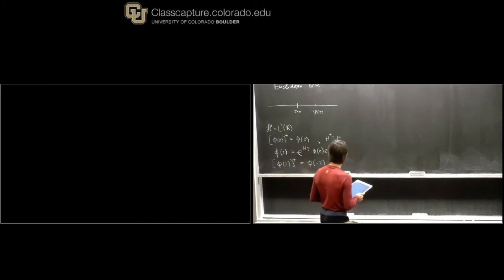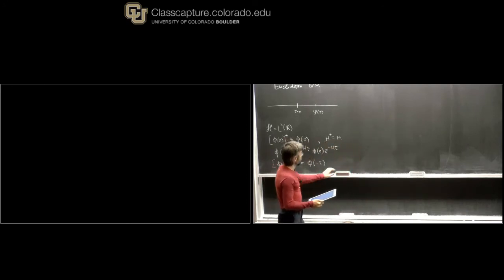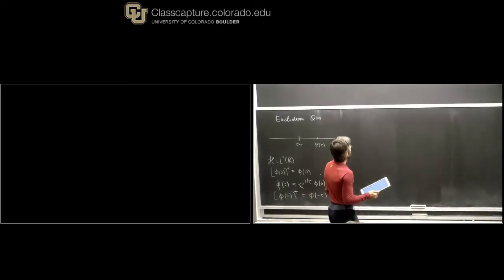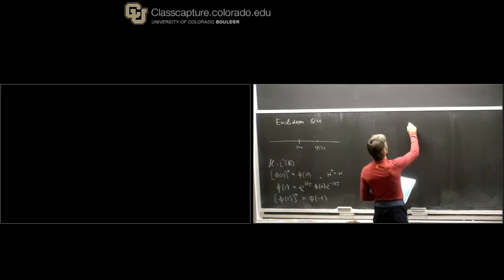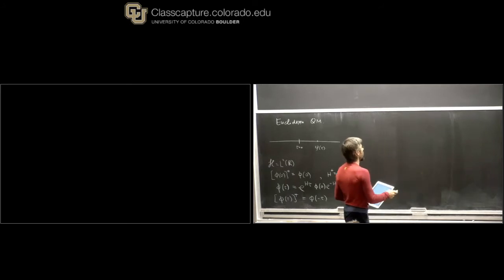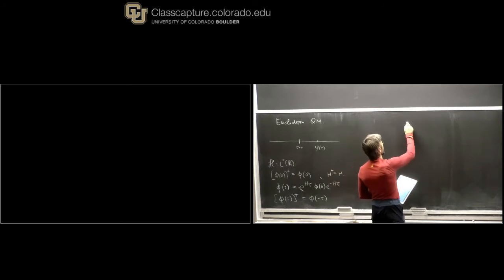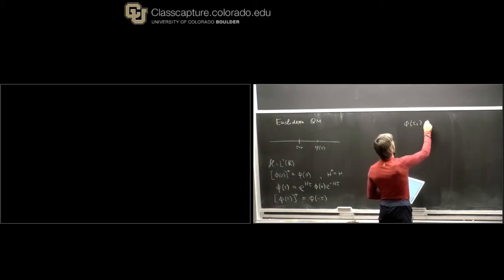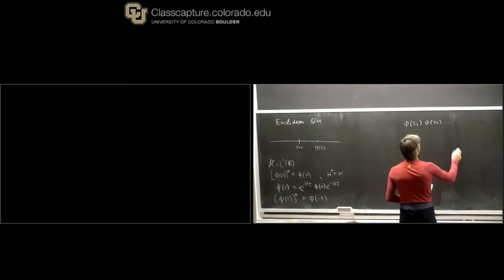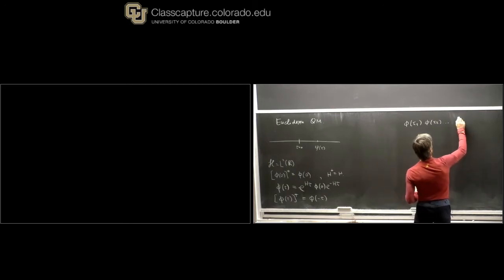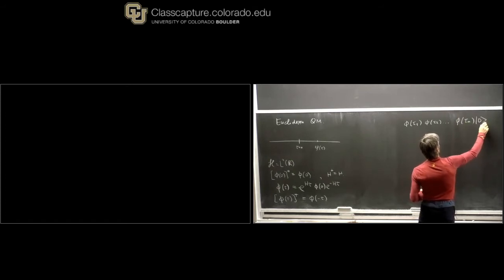by putting together these things, if we consider the following state, I would like to be able to make sense of the state when I take phi of tau 1, phi of tau 2, up to phi of tau n, and I act on the vacuum.